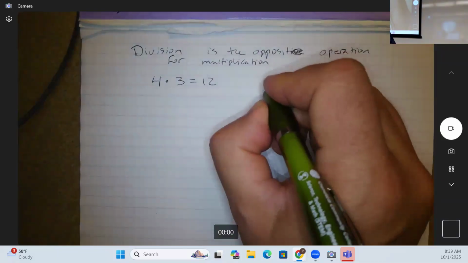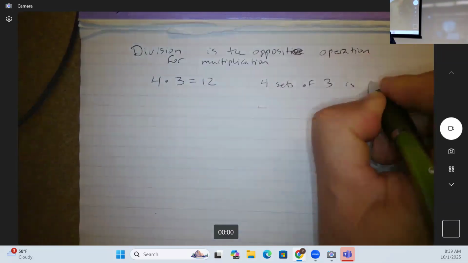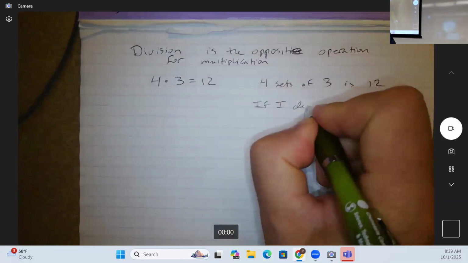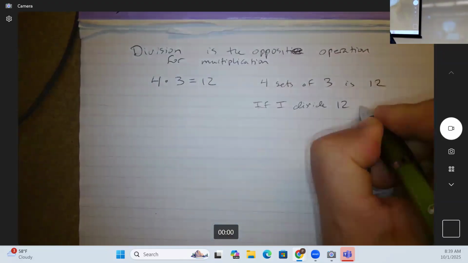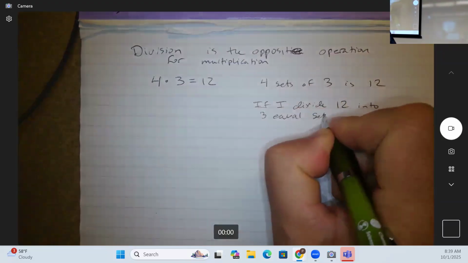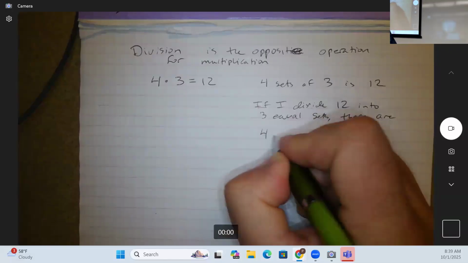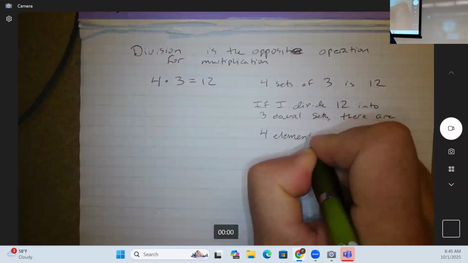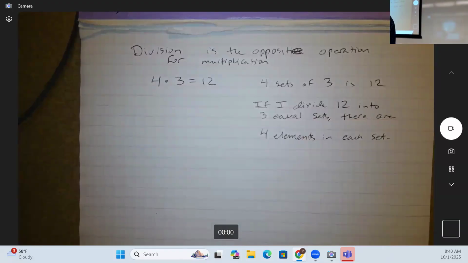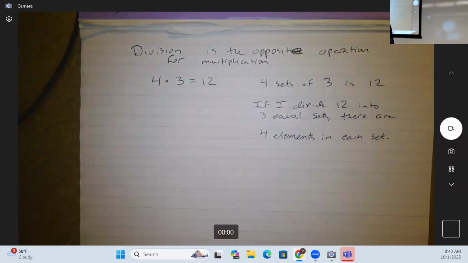This means 4 sets of 3 is 12, which means if I divide 12 into 3 equal sets, there are 4 elements in each set. These are all equivalent statements.